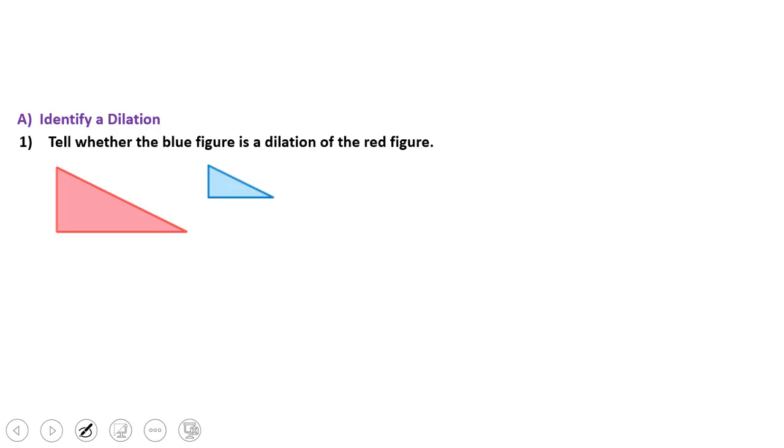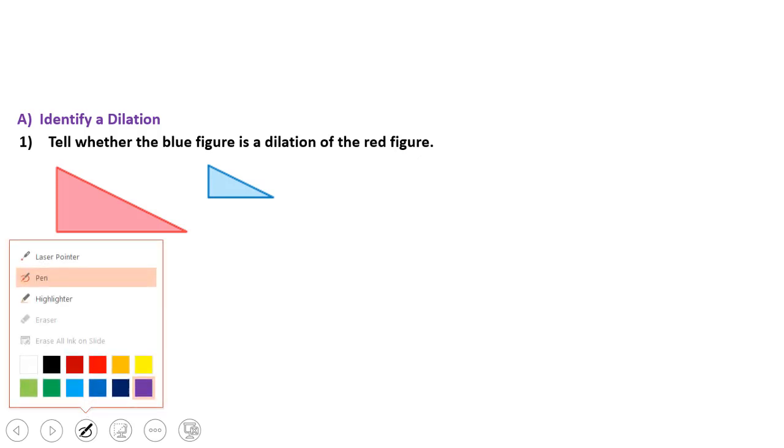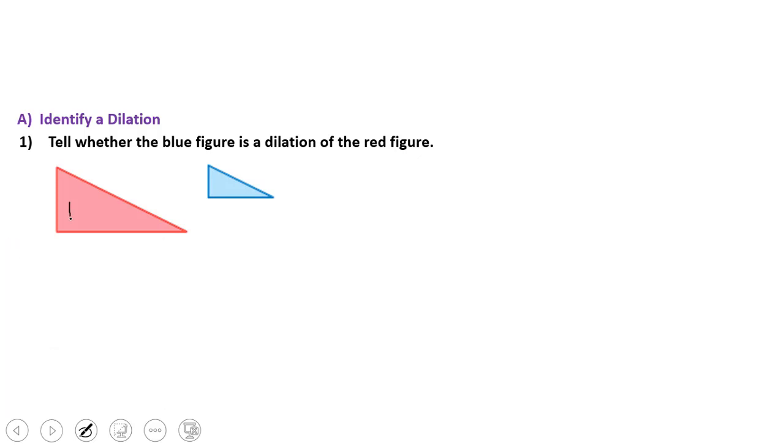Now, hopefully you understood what I said about drawing a line through corresponding parts of the image and the figure: they will pass through what you call the center of dilation. Now, when we look at this, it says to identify a dilation and tell whether the blue figure is a dilation of the red figure. So first of all, this one is the red and this one is the blue. It's asking, is blue a dilation of the red?